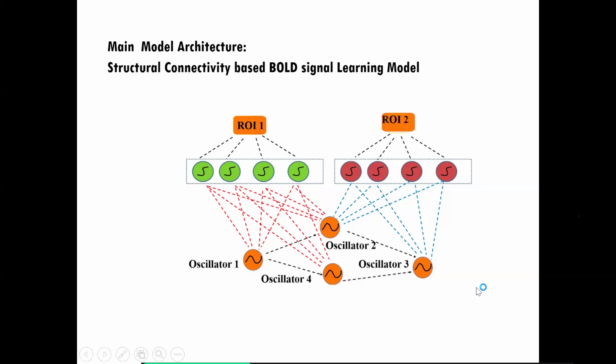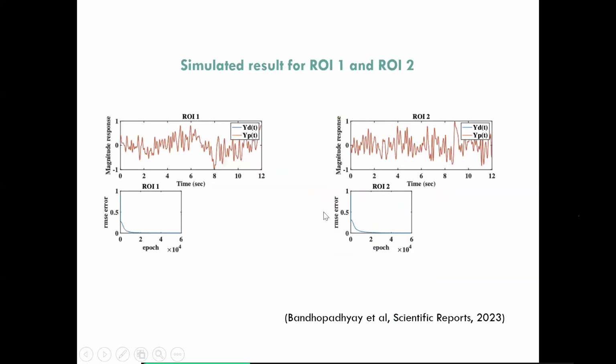That's called the structural connectivity matrix. We use that structural connectivity information to define which oscillators are connected to which other oscillators. Like this we set up the network and we train it. You get a very accurate fit, as you can see in these plots. In the upper plot, we are showing both the actual and the desired signal, and both almost coincide. You can't see any difference at all.